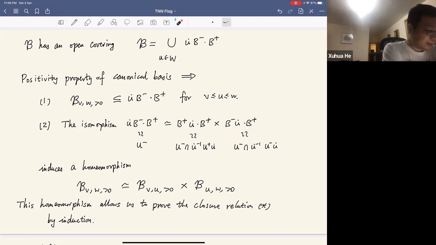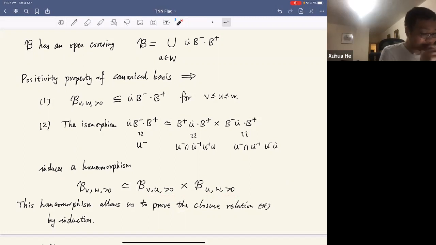And what we're going to show is that, in fact, this decomposition is compatible with total positivity. We have this decomposition of this larger cell, B_VW strictly positive, as a product of B_VU and B_UW, both taken totally positive.